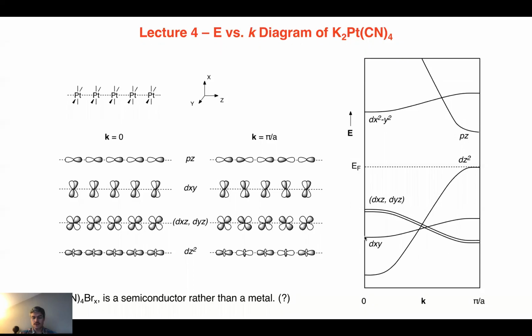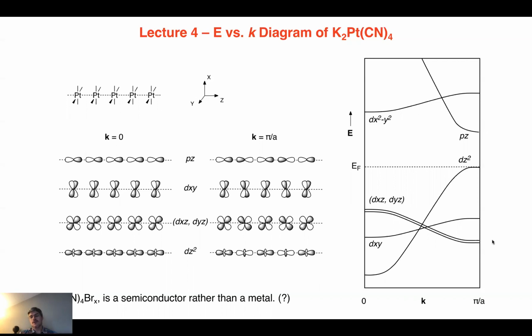So k equals 0 is all bonding, and it goes up to all antibonding. The same is true for x squared minus y squared. It's a delta symmetry orbital. Pz is an antisymmetric function, so k equals 0 is all antibonding, and it drops down from all antibonding to all bonding.